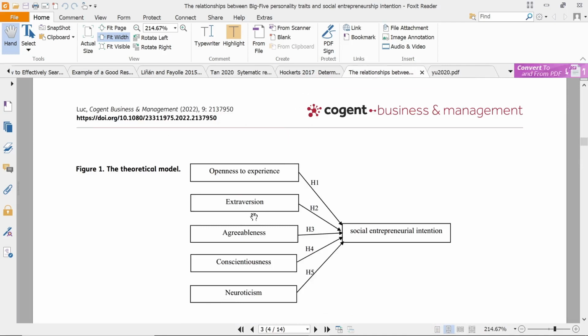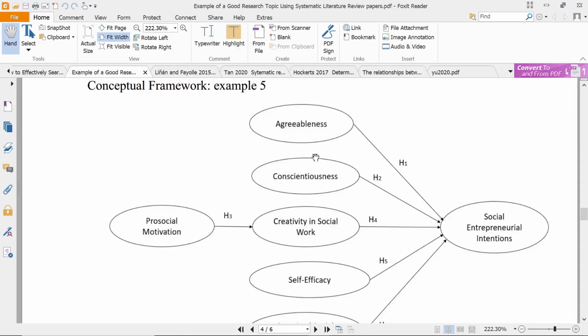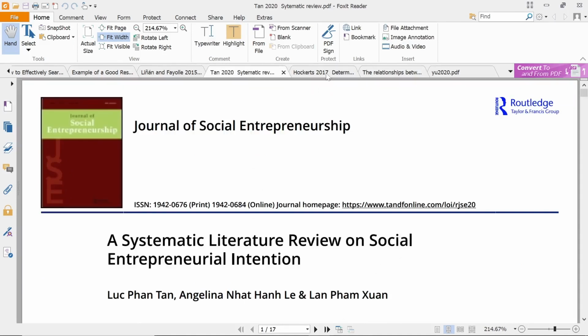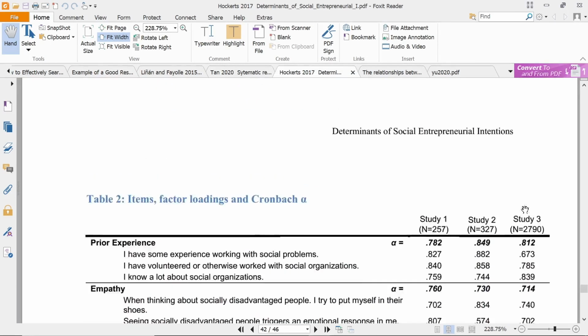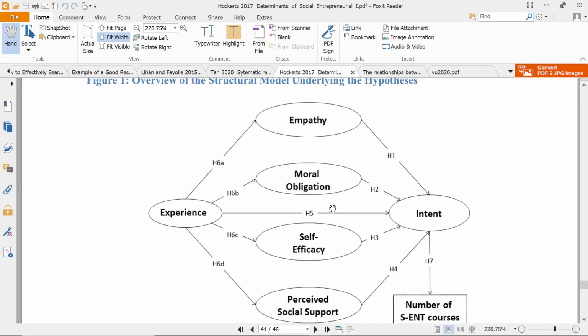I have to open some other article. Like I opened this article, I cross-referenced this article, so I have to, yeah, I want to make this video as short as possible. So what I'm just trying to say is that these measure the same thing. Empathy, agreeableness, conscientiousness, moral obligation, they are a bit similar.